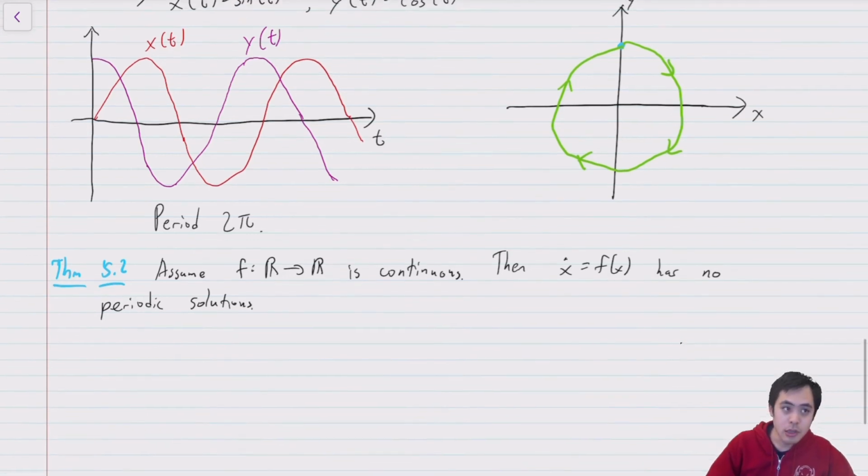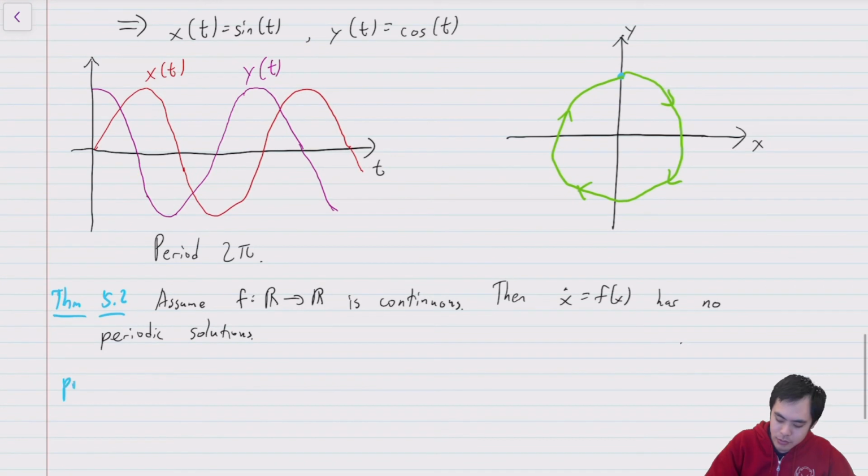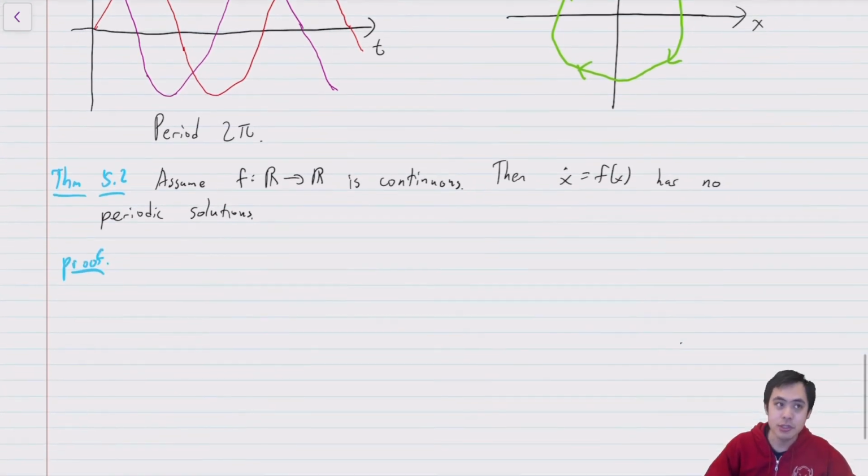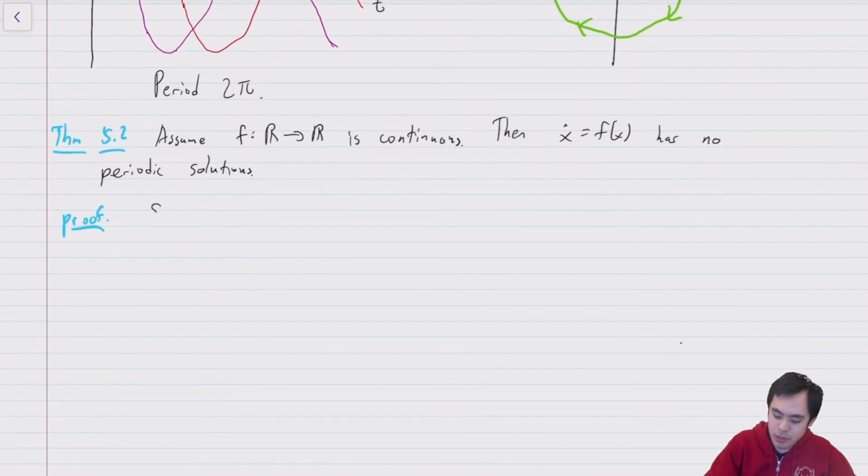Okay, and let's prove this now. We'll do a proof by contradiction. So suppose x of t is a periodic solution with non-zero period, with some period T greater than 0.